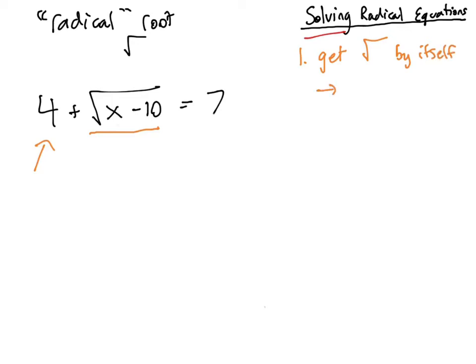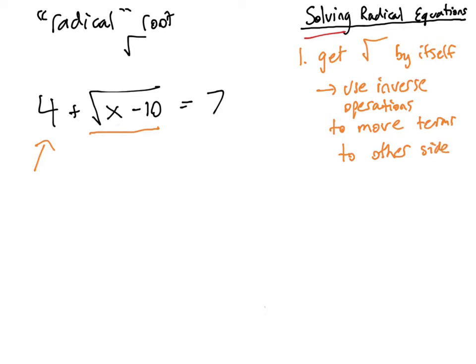And the technique to do that is we can use inverse operations to move terms over to the other side of our equals sign. An inverse operation is something that essentially cancels out two things that are opposites of each other.